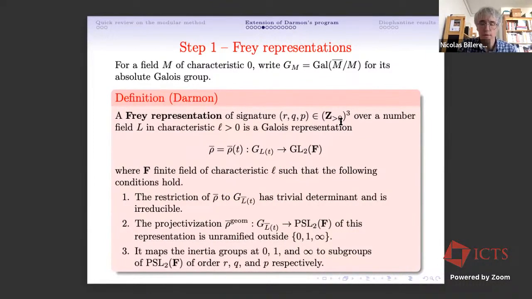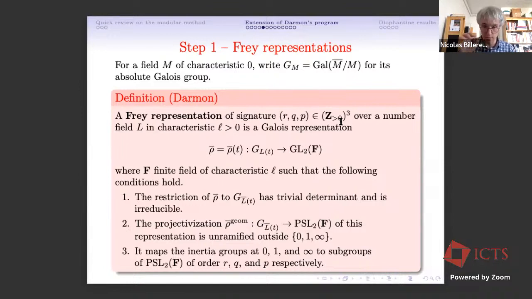A Frey representation of signature (r, q, p), where r, q, p are just positive integers, of a number field L in characteristic l greater than 0, is a Galois representation from the absolute Galois group of the function field L(t), with values in GL2(F), where F is a finite field of characteristic l, that satisfies a certain number of conditions, namely these 3 conditions that are displayed.